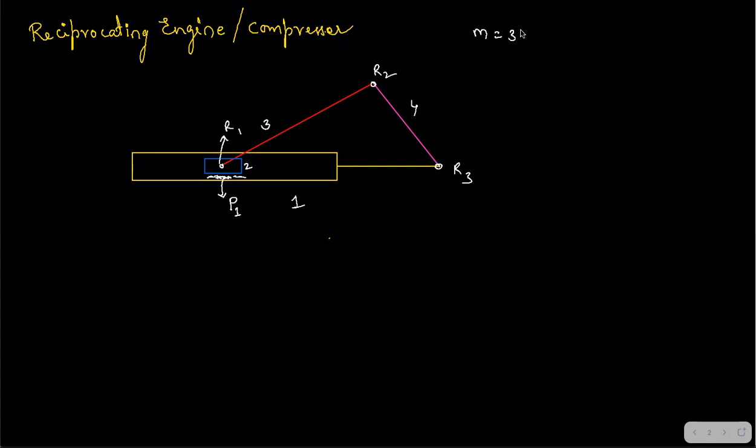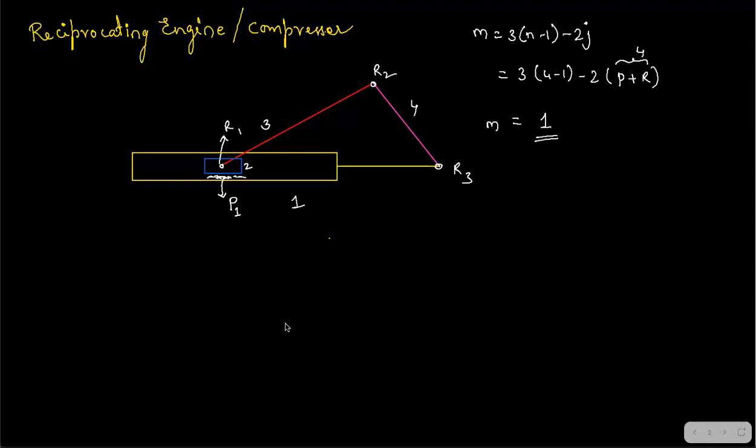Mobility M is equal to 3(N minus 1) minus 2J minus H, no need of H because no higher pairs are present here. So 3 into number of links, which is 4, minus 1, minus 2 into number of lower pairs. Lower pairs means prismatic pairs plus revolute pairs, so this also is equal to 4. Then you will get the mobility equal to 1.